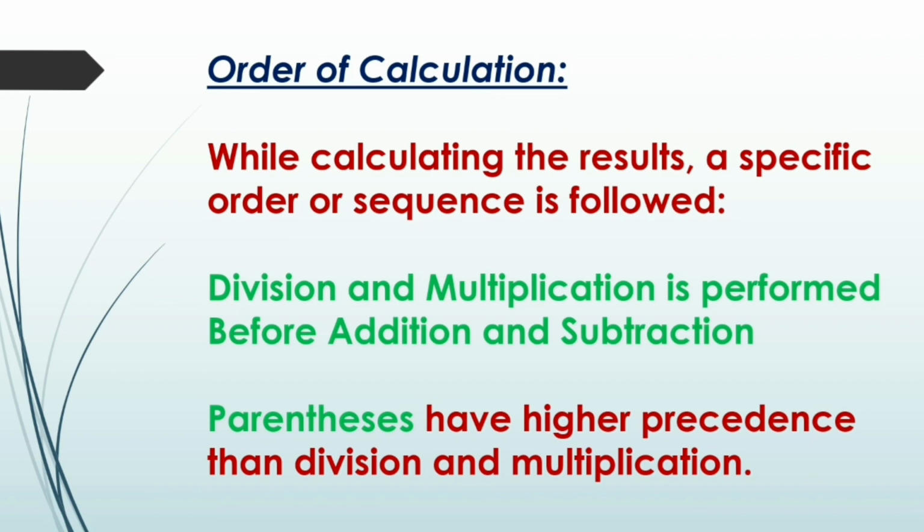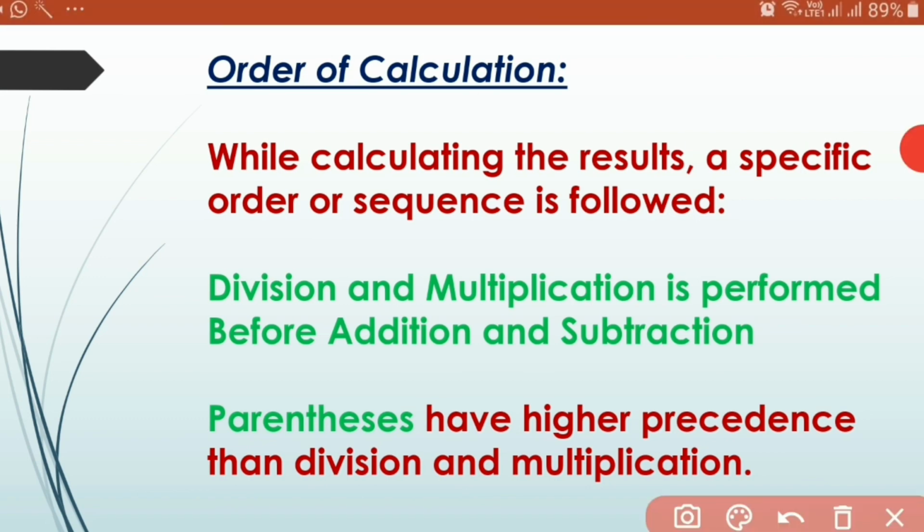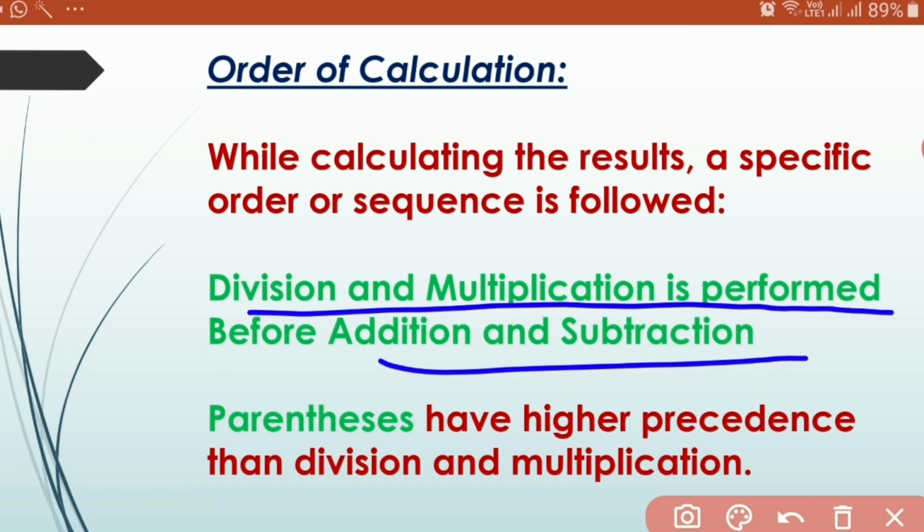So, we follow a sequence for calculating the results. Division and multiplication are performed before addition and subtraction. So, if there are various divisions and multiplications along with addition and subtraction in a formula, first we would perform division and multiplication and then addition and subtraction would be performed.